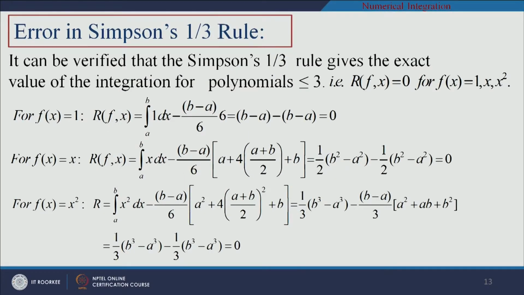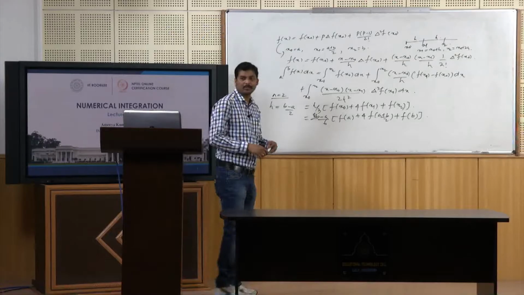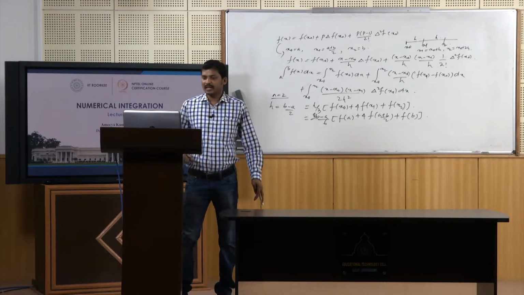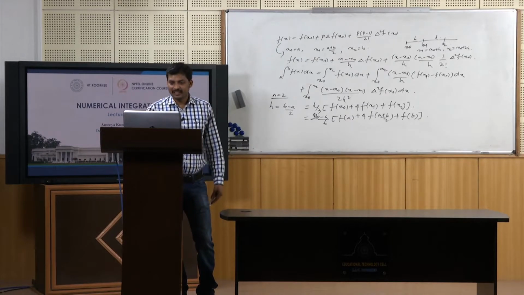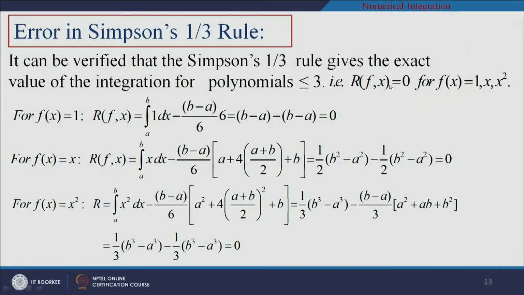If we put f of x equals 1 in this error approximation, I can say that r of f of x equals 0, like our earlier calculation.